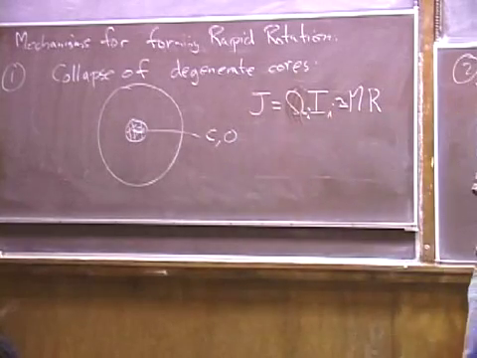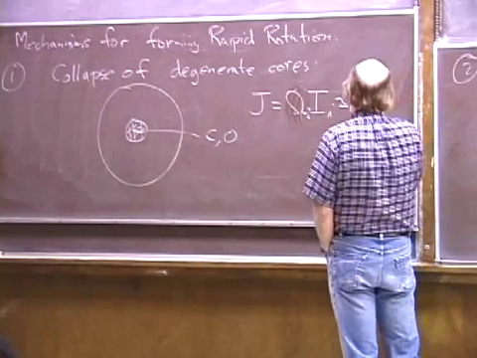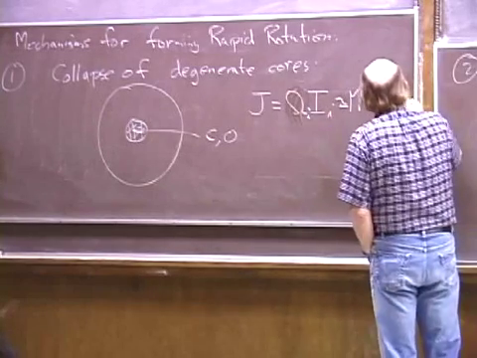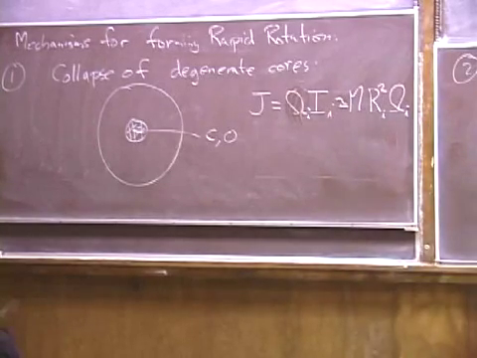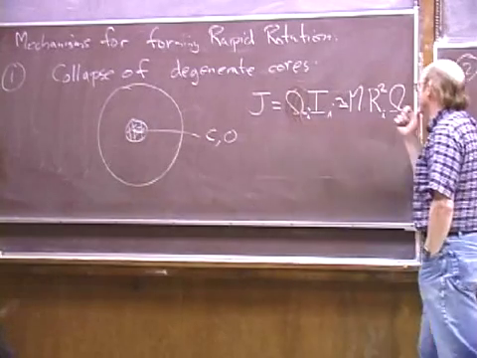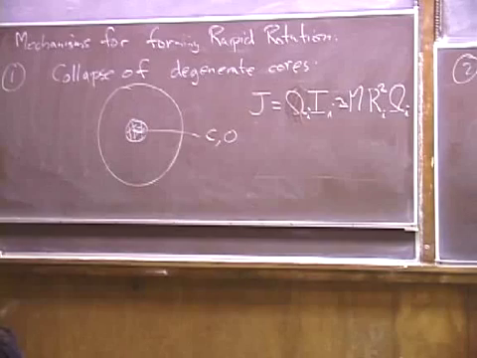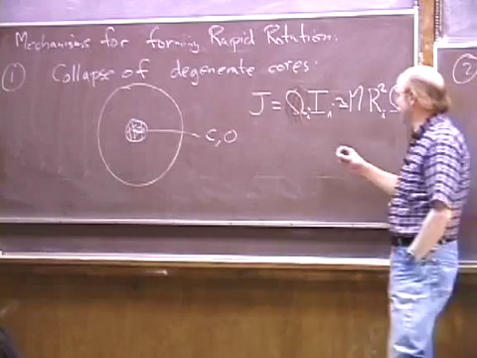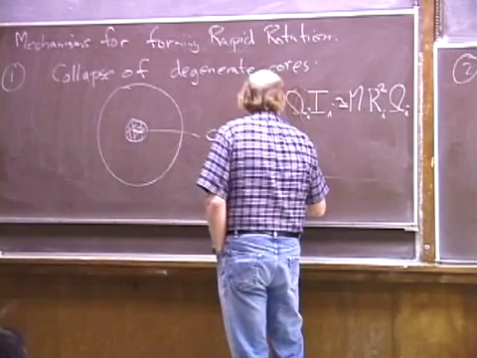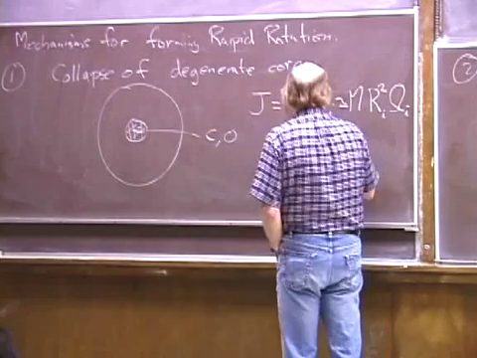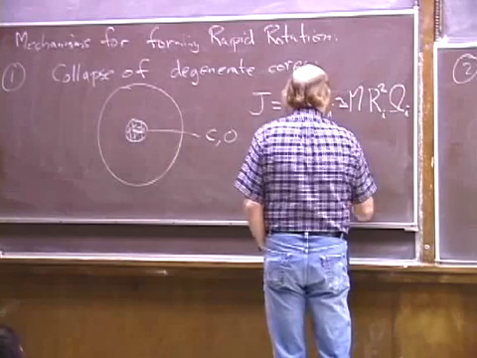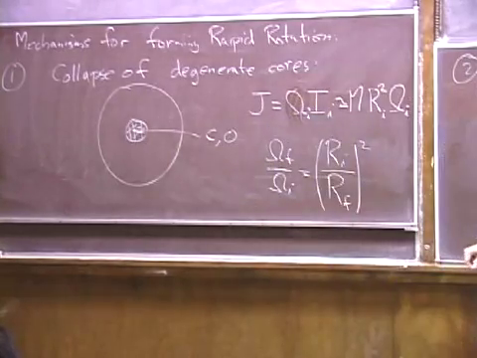And the moment of inertia initially is something like the mass times its initial radius squared. This has to roughly be conserved during the collapse process, and so you can get a relationship between the final angular velocity of the star and the initial angular velocity in terms of the ratio of the initial and final sizes.